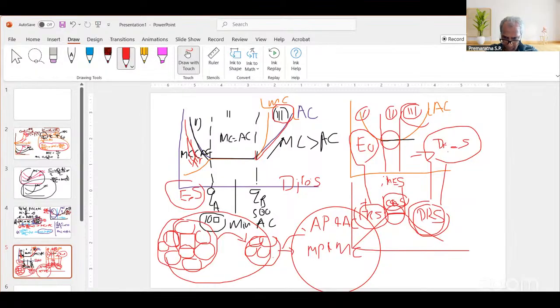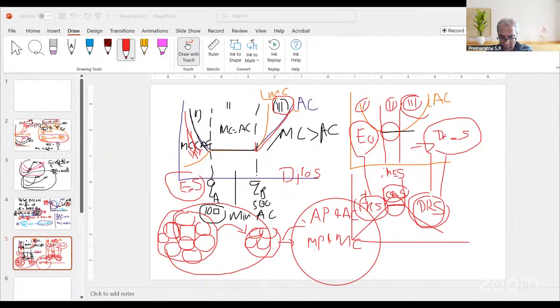Let me quickly look at the cost side to understand. I'll share another slide. I hope you can see it. Yes, here is the shape of the short-run and long-run average cost.